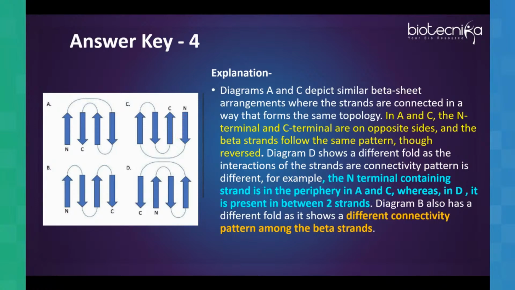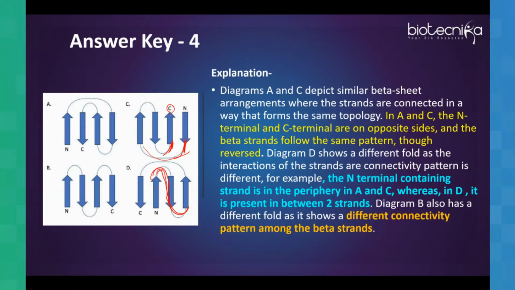You can see that from this arrow it is going, and here from the opposite of the arrow it is going, but here it is the other way around. If you see the C terminal, the N terminal is going like this, and then instead of coming back like this, you have to observe it.